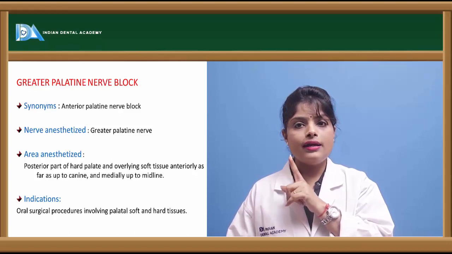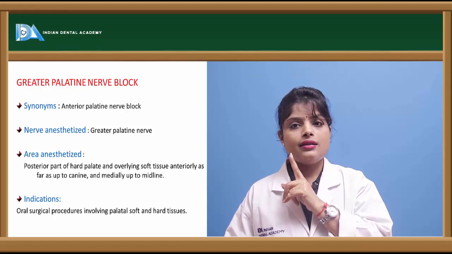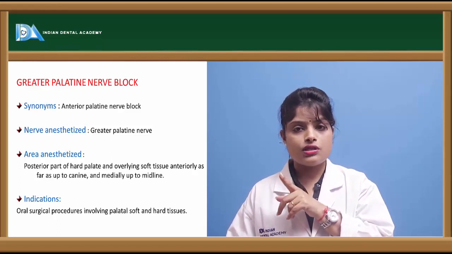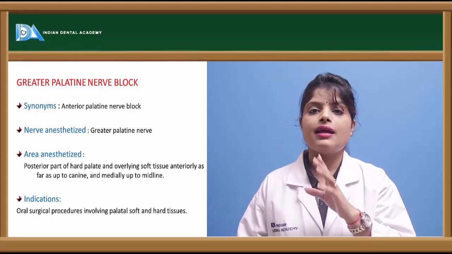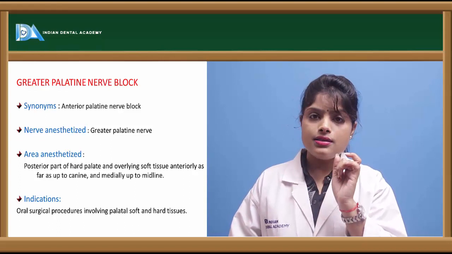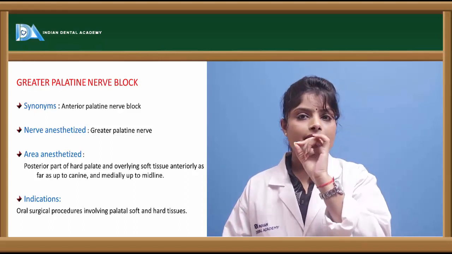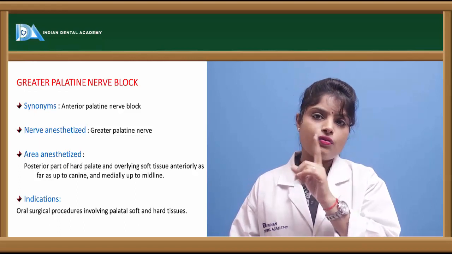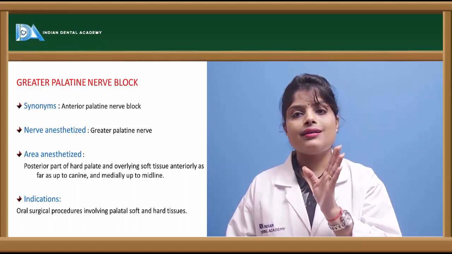First, we locate the second and the first molar and the gingival line of the second and the first molar, the mid-palatine raphe which is present in the center of the palate and extends up to the posterior part of the palate. So this greater palatine foramen is located 1 to 2 centimeters from the gingival margin of the second molars towards the medial palatine raphe.